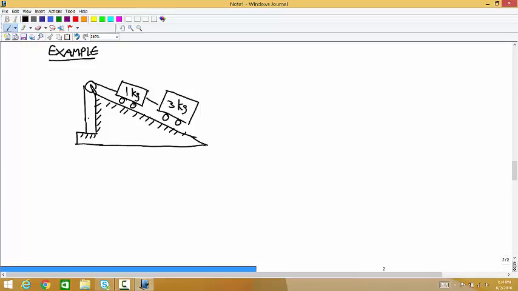Okay. And then on top of the 3 kilogram cart is a 2 kilogram box, and there's friction at this contact.